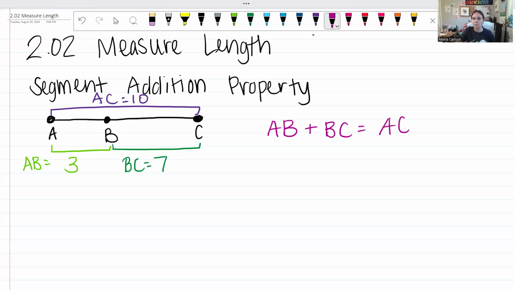And you might be noticing I'm not drawing the little segment bars above, and that is because I am referring to the distance. I'm referring to the distance that AB stretches added on to the distance that BC stretches, and that is equal to the distance that AC stretches.